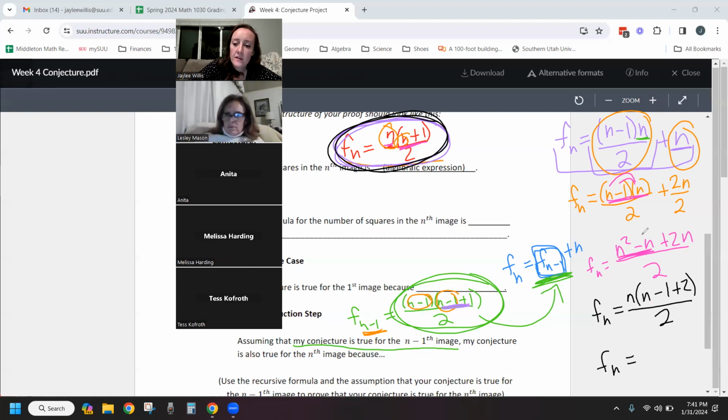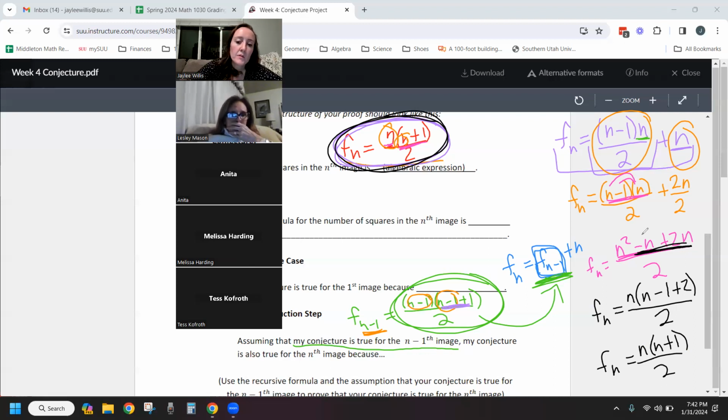Combine the like terms, and that would give us n times n + 1 all over 2. Technically, you could also combine like terms at this stage, because if you have a negative n plus 2 n's, it's positive n. So you can combine like terms either before or after factoring. And then you did it. That's it.